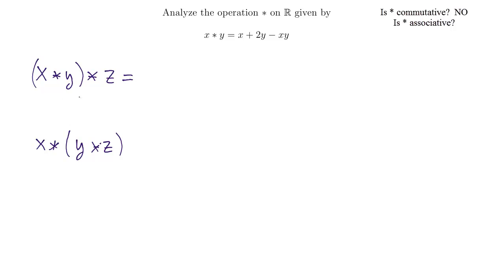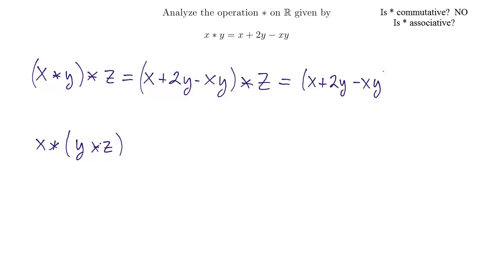So x star y is x plus 2y minus xy, and that's a real number, so we can take that real number and star it with z. And if we do that, we get, let's see, the rule says you take the first one and write that down, so that's x plus 2y minus xy.